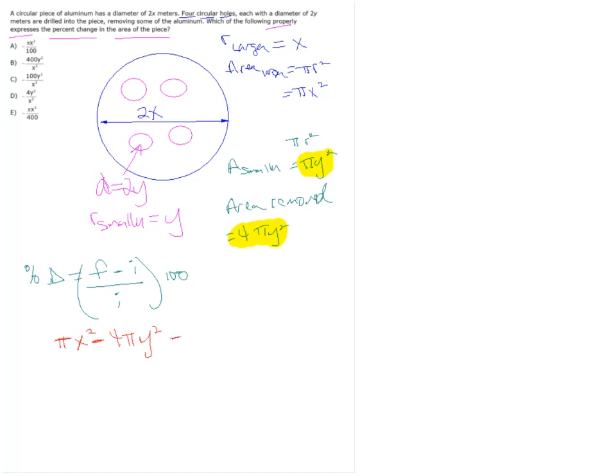Then minus the initial value, pi x squared, that's just the initial area of the blue circle, divided by the initial area of the blue circle. And of course, this is multiplied by 100. You guys will obviously have to scroll down to see some of this.